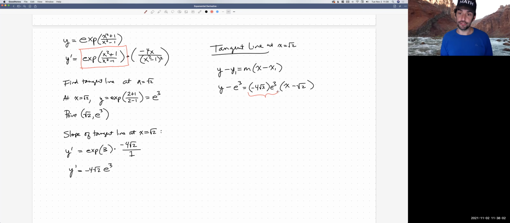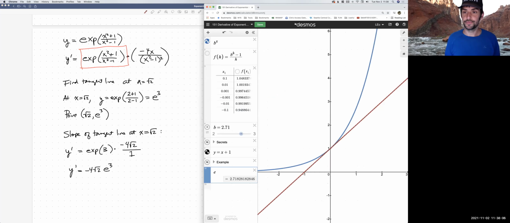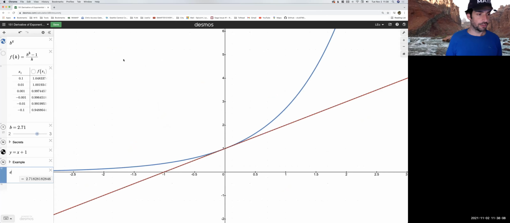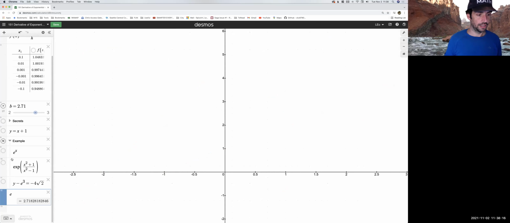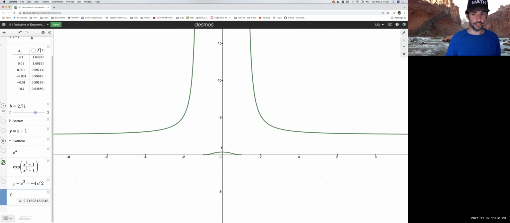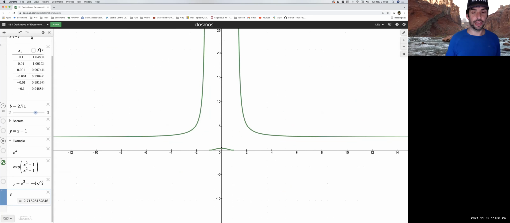All right, let's look at a graph of this. This is a pretty strange function. So let's see. Let's turn all this off. Here is this exponential function that we have graphed here, exponential of x squared plus 1 over x squared minus 1.